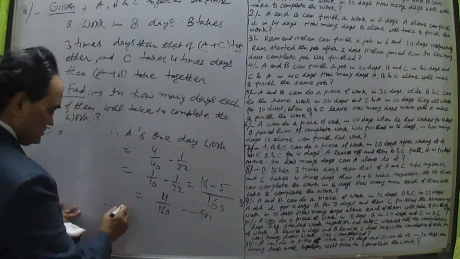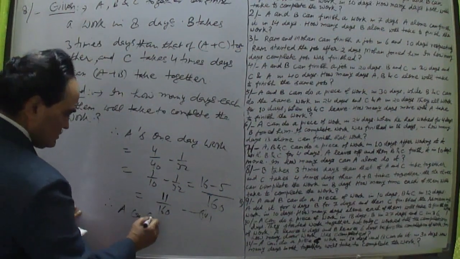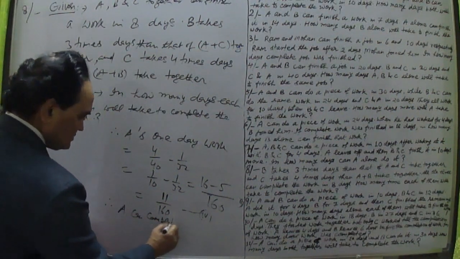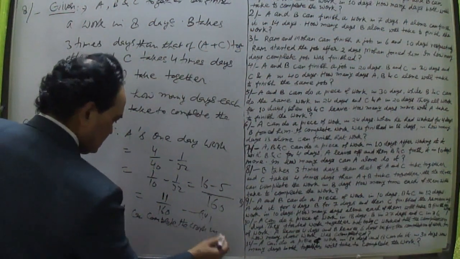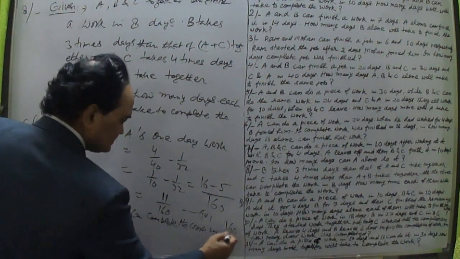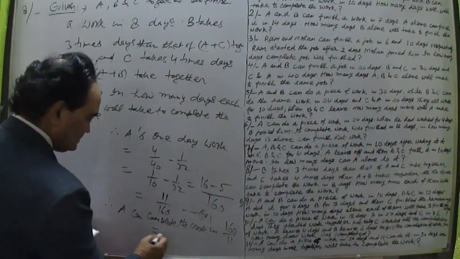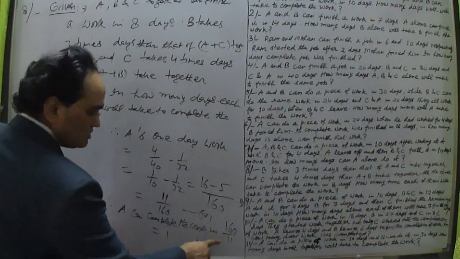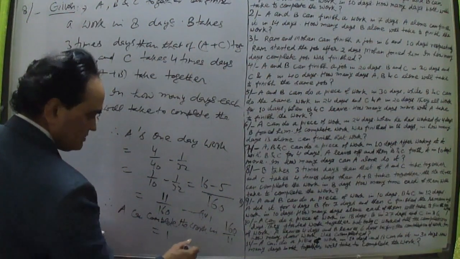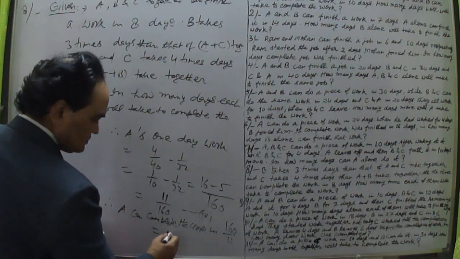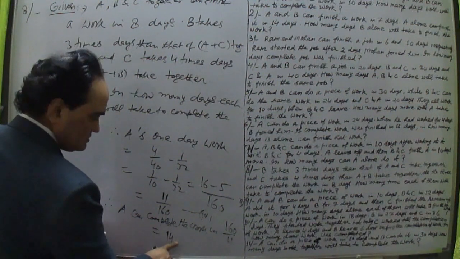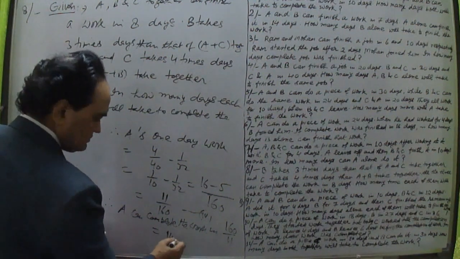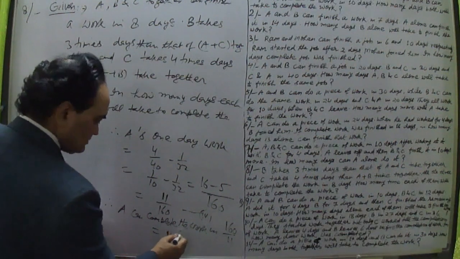Therefore, A can complete the work in the reverse of this, which is 160/11. That means 11 ones are 11, then 11 fours are 44, 6 remaining, 60 again, and 11 fives are 55.